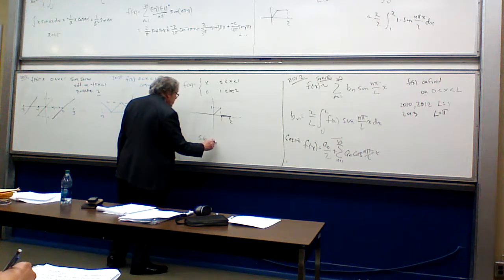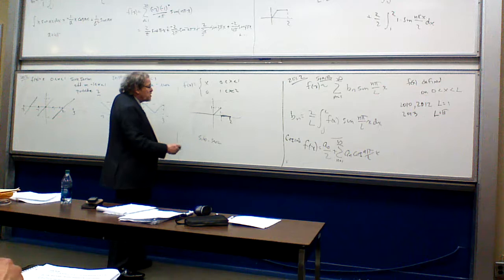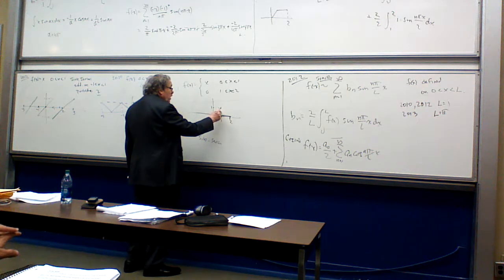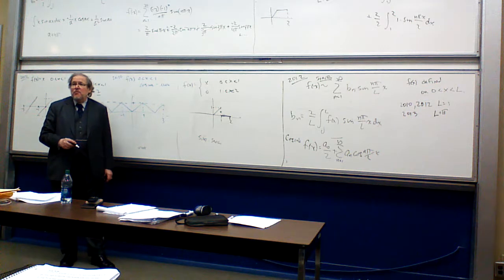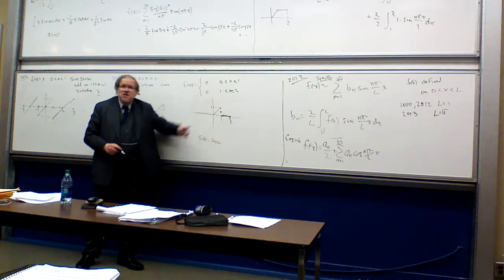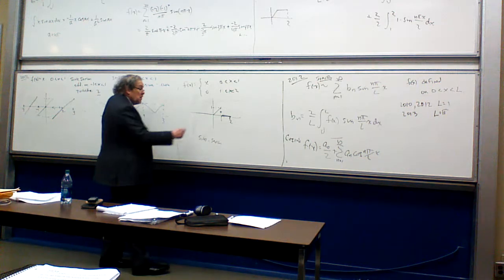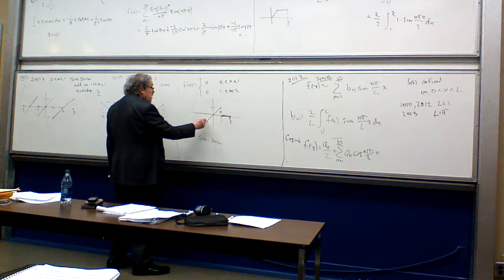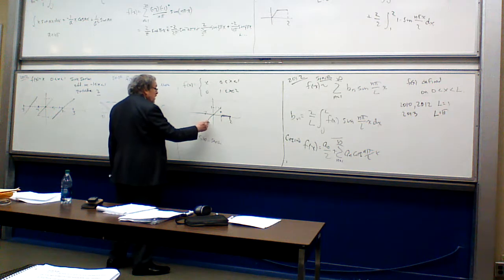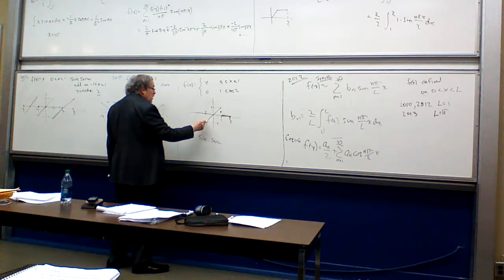If I want a sine series, for example, now the Fourier series, here's the jump. The Fourier series is going to converge to 1/2 at the jump point where the function is trying to quickly go from 1 to 0. If it's an odd function, then it has to come down here to -1 between -1 and 0.